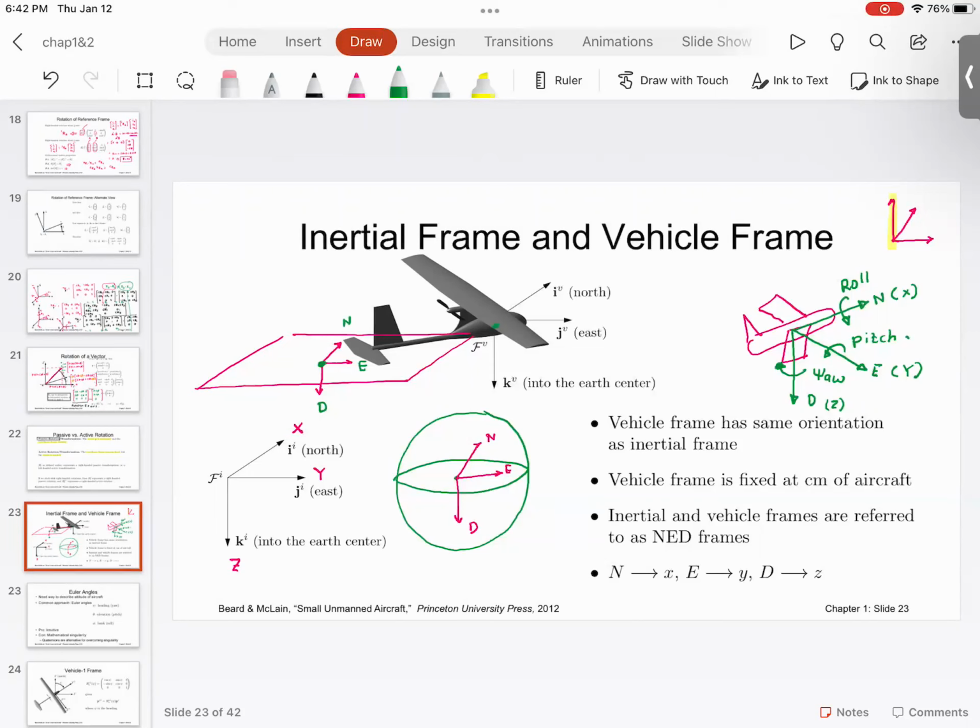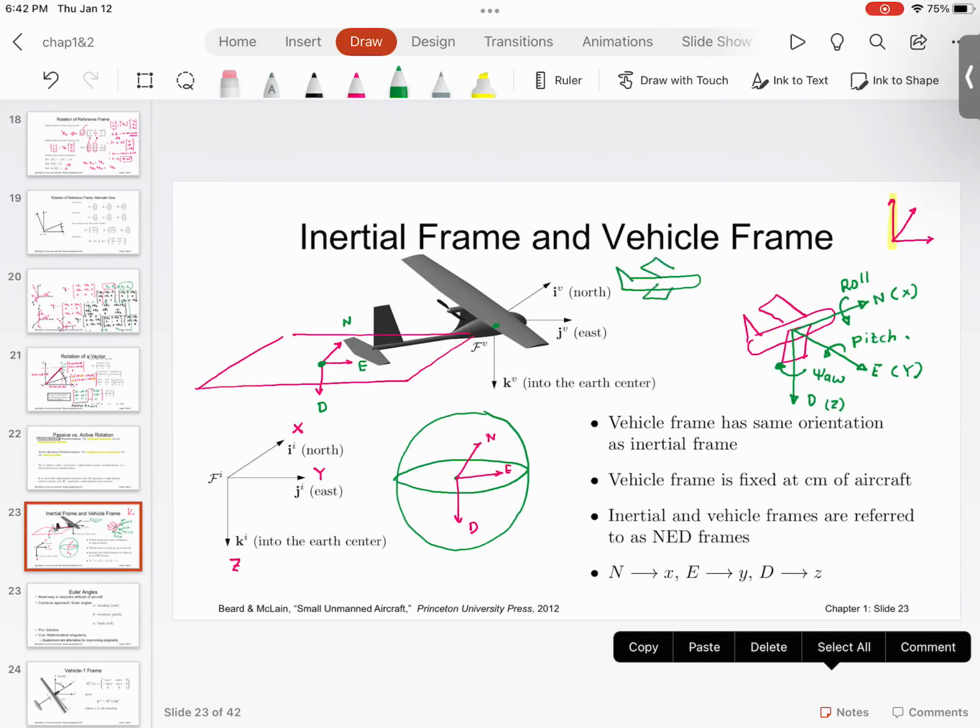And then what we want to do is describe the orientation of the aircraft. We want to know where the aircraft is located. So that is going to be my next frame. So I have this frame, and then I have this aircraft, something like this. This frame, please note, is fixed. So this is my inertial frame.